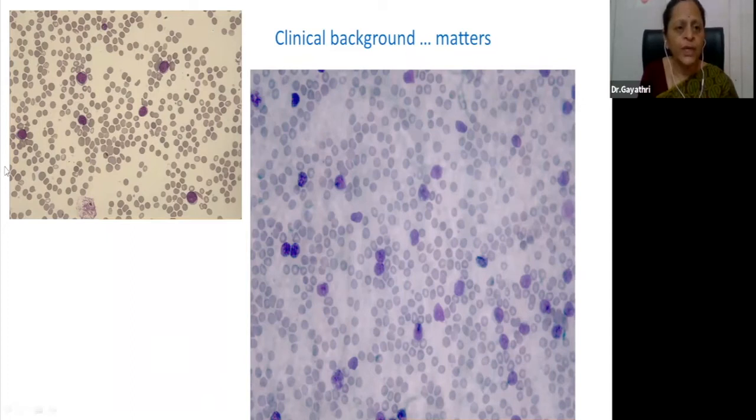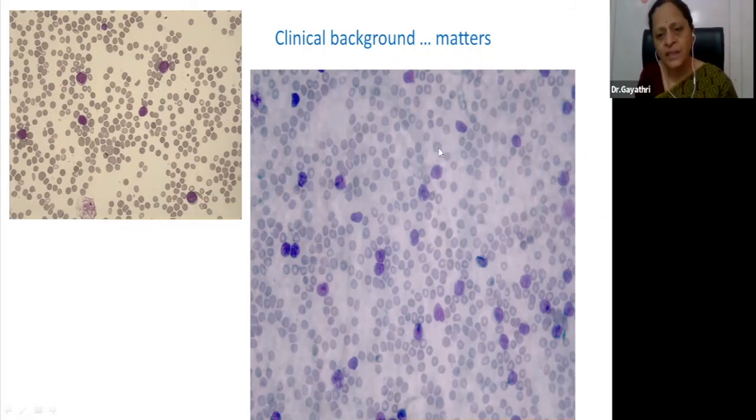If I showed you this smear and told you that this is a 70-year-old, you would suspect that this could be a lymphoproliferative disorder. If I told you that this belongs to a 2-year-old and there is thrombocytopenia, it is likely that these could be interpreted as blasts. We've seen this smear earlier.